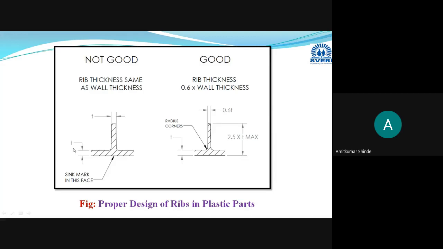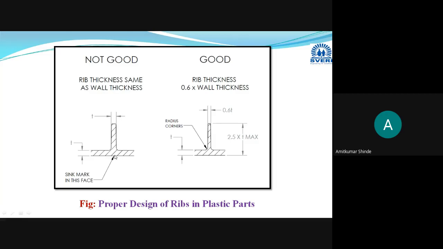And if suppose you have designed a rib having thickness the same as the wall thickness, here wall thickness is t and rib thickness is also t. Then what will happen? At the bottom side here, sink marks will appear. Sink marks will be formed as you are using thick ribs. At this bottom side, sink marks will be there.